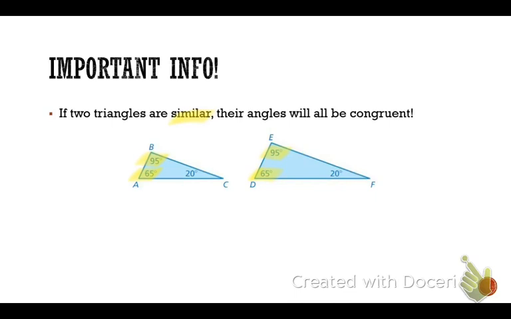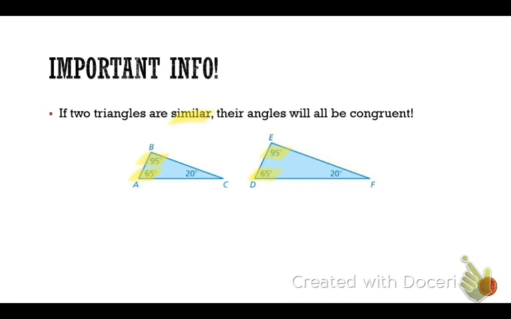Now, I want to stop here for a second. This is really important when it comes to proving similarity. What is the sum of the angle measures of a triangle? It's 180. Will it ever be anything but 180? No. So I want you to hear me on this. On both triangles, I have an angle that's 65 and an angle that's 95. If two of my angles are the same, my third angle has to be the same because they have to add up to 180.